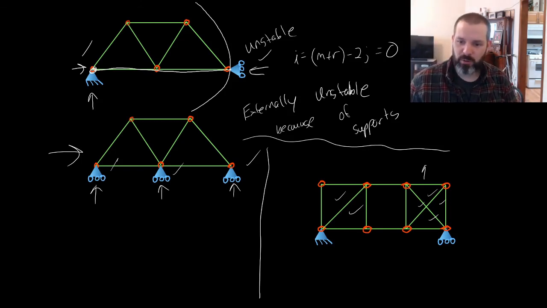We could also have an issue that if we added an element here and we erased that member there, this would then not be able to resist moment there. When you're looking at a truss, if you don't see closed triangles, you're going to have an internally unstable truss. So this truss I have up here right now is internally unstable.